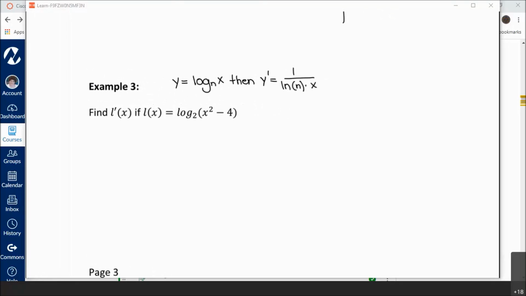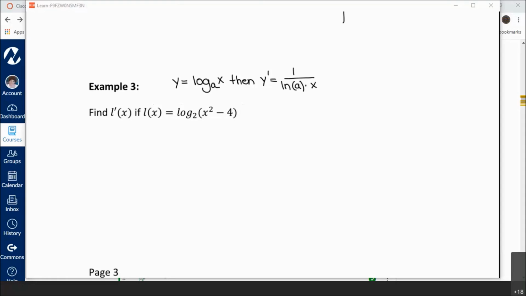Okay, so essentially if I have log base, maybe I should make this an a because there's too many n's floating around. Okay, so I'll make my base a. All right, so there's the pattern, okay, for basically finding the derivative of a log.